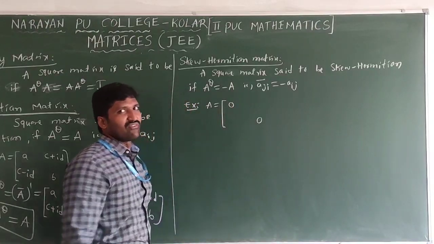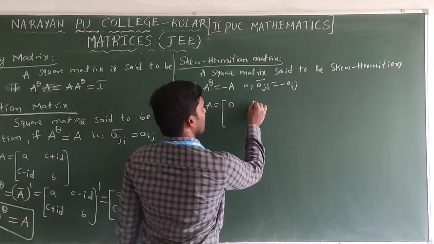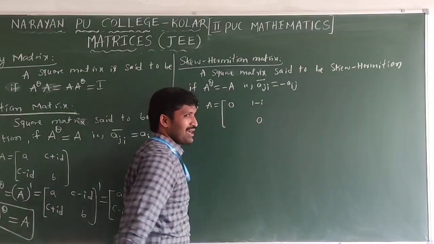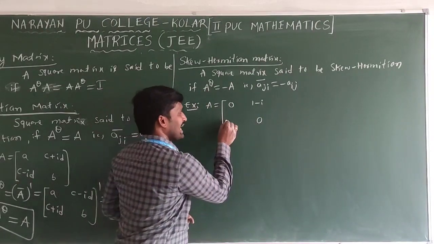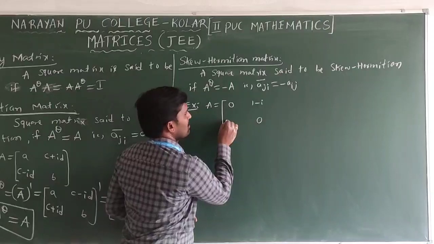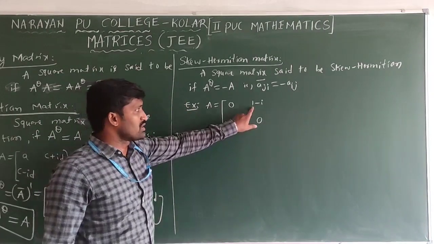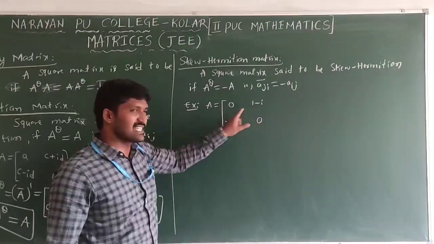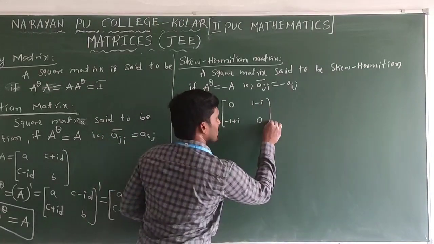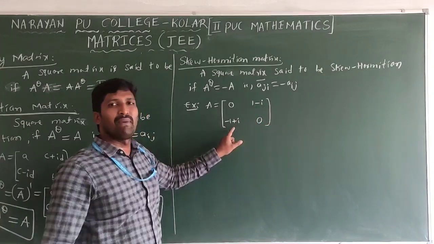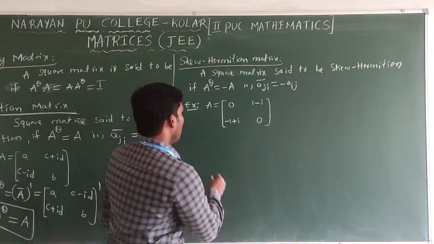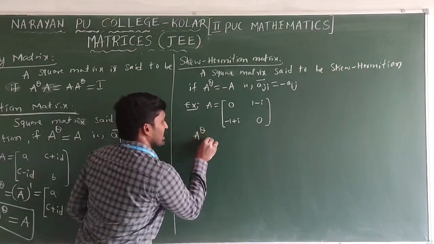I am taking 2 by 2 only for easy purpose. 1 minus i. Here I will take minus 1 plus i. All of you understood? If we take minus common from this, we get the same notation. 1 minus i, minus 1 plus i. We are proving A power theta equals minus A.